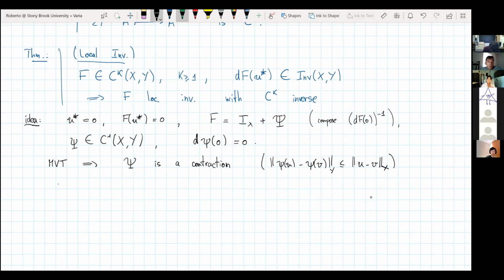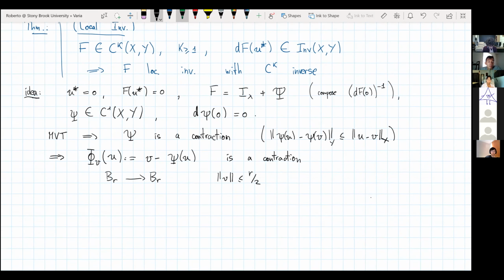And now we look instead at this other function, phi V of U. We define it as V minus psi of U. Of course, this is a contraction as well, because psi is a contraction. But this maps B_R to B_R itself when the norm of V is less than R over 2. You can check that. It's just a small computation.